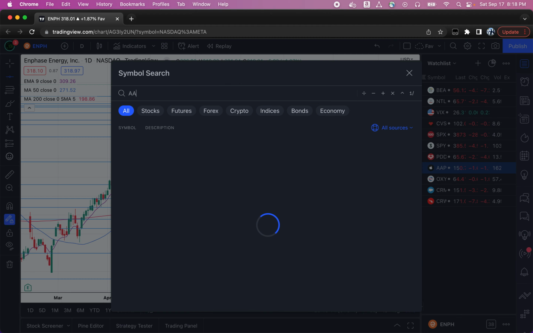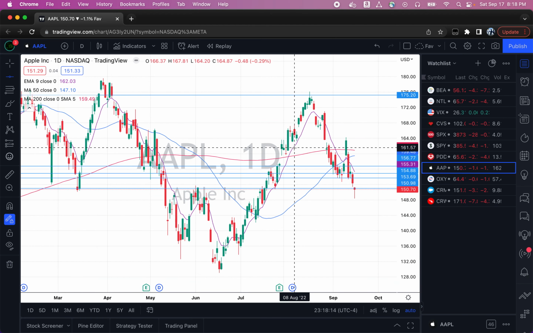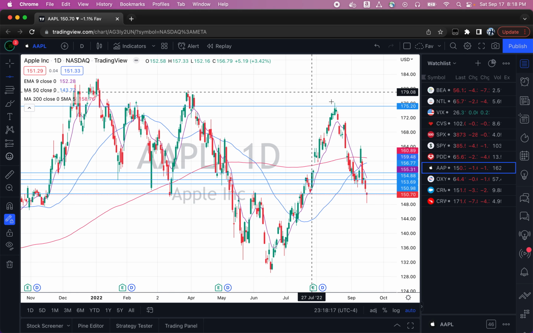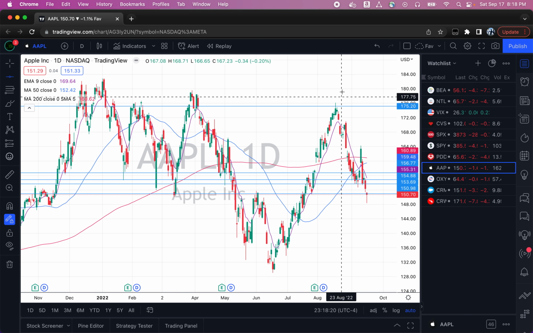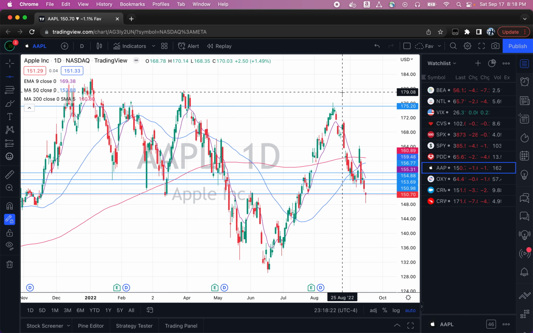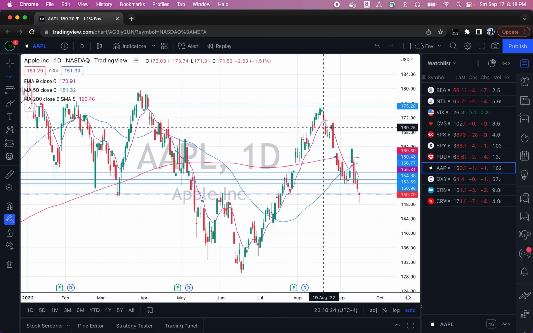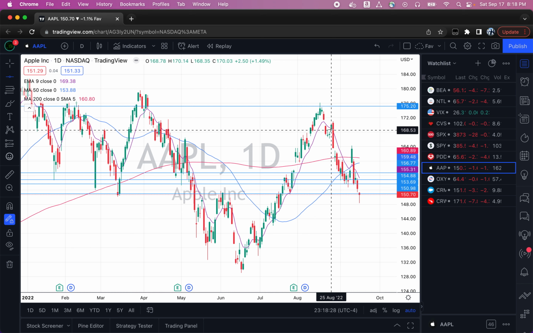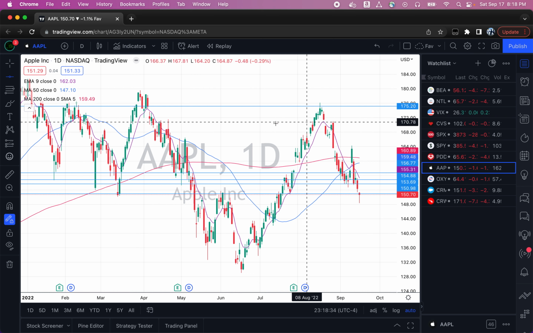Like if you see Apple, 2 weeks ago I thought it's the strongest, and I thought it's going to take out this level, go here, but it kind of got all the bulls here and then reversed. It looked like it's going to go up here, but with the Fed announcement, it just went down.